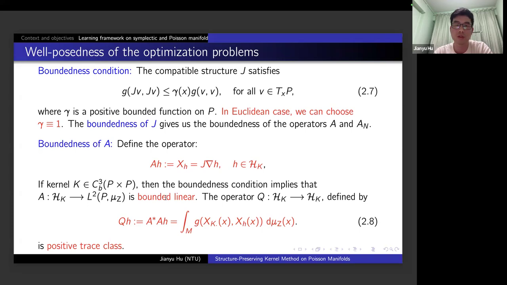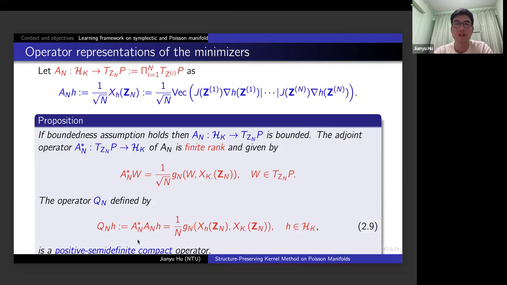So using this framework, we can compute its adjoint operator A star and then compute the operator Q. It can be shown that this operator Q is positive and in the trace class. Similarly, we can obtain the same properties of the operator An, which can be regarded as an empirical version of the operator A, and also the properties of Qn.